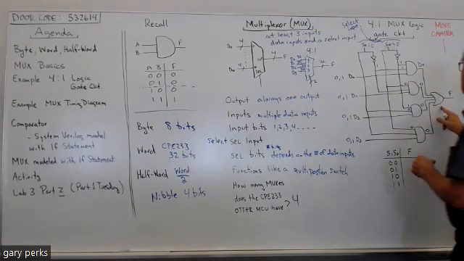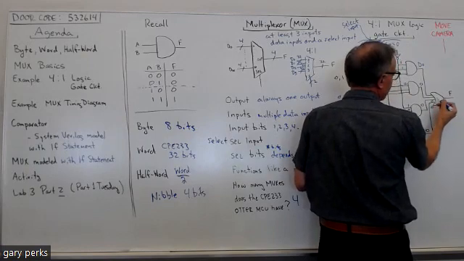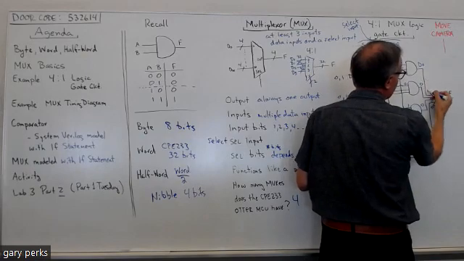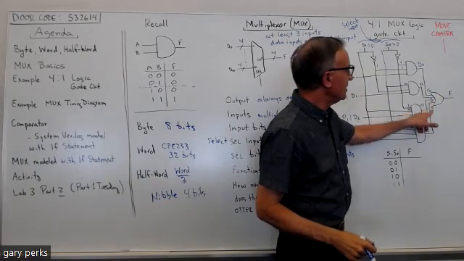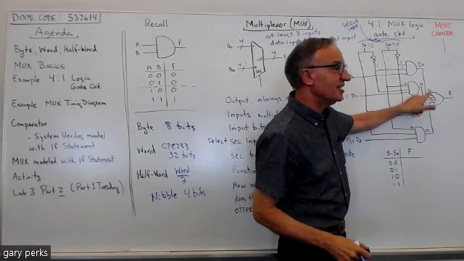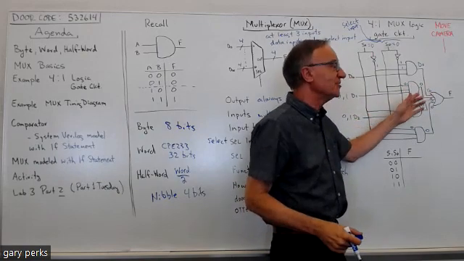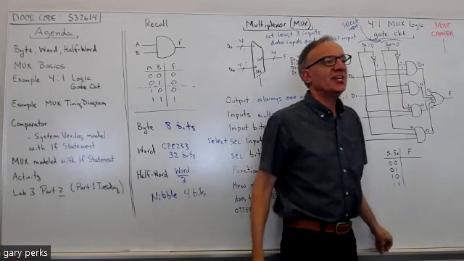And now if you look at the input of the OR gate, it's going to have a 0 on this input, a 0 on this input, a 0 on this input, and then this input's going to be D0. So you got 3 inputs equal to 0 to the OR gate, and then this input is either going to be a 0 or a 1. If D0 is a 0, it's a 0. If D0 is a 1, it's a 1. Well, how do OR gates work?